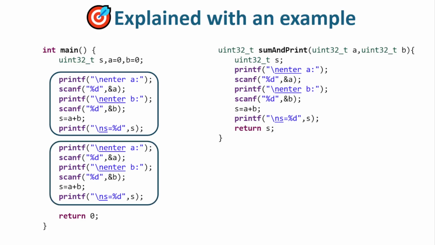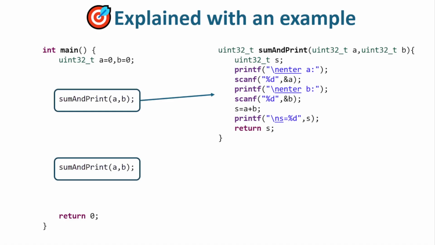To improve clarity and reduce redundancy, replace each repeated block with a single descriptive function name, a name that acts as a placeholder for those repeated lines. Next, we define the actual code block separately, outside the main function, and assign it that same name. This process is known as writing a function.